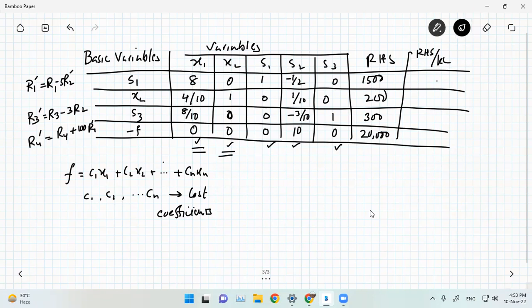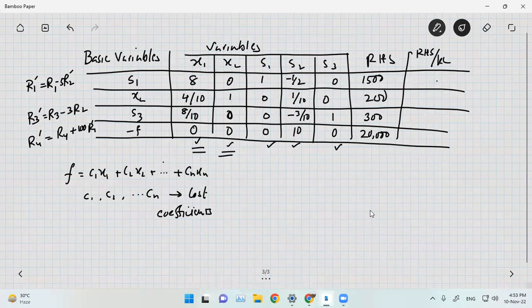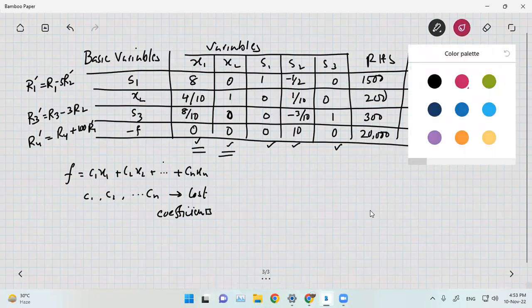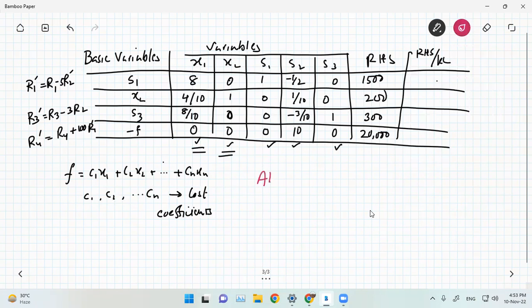So the condition, let me use a different color. The condition is all ci double prime is greater than or equal to zero, and the present solution is optimum.